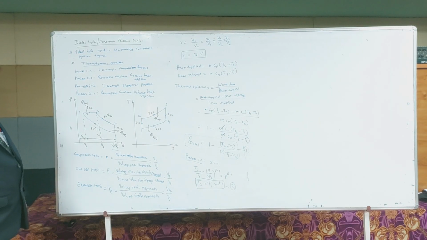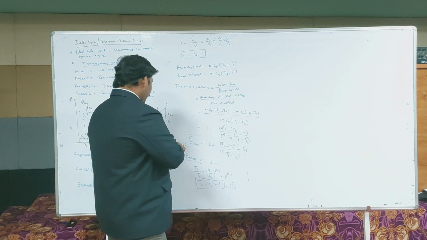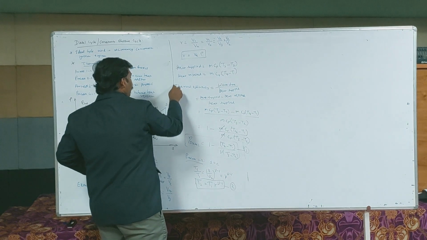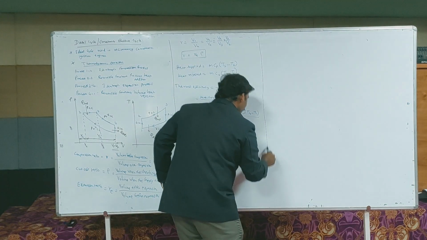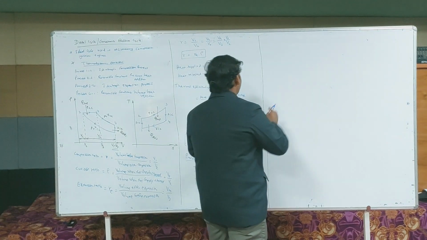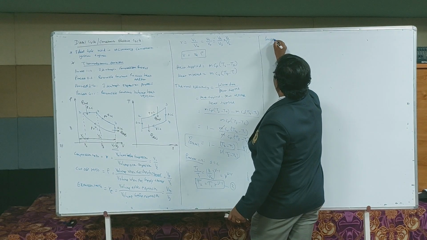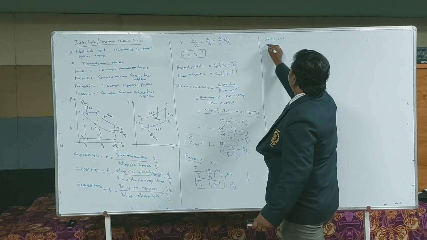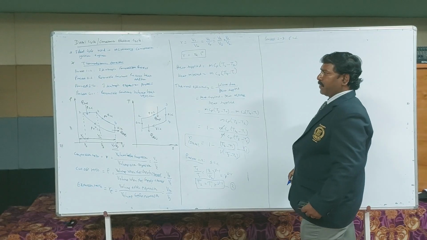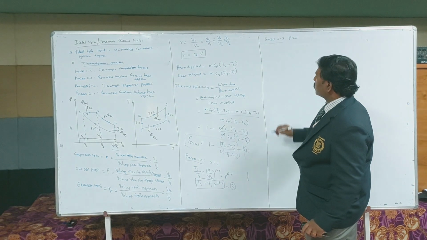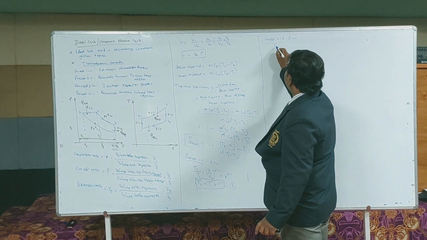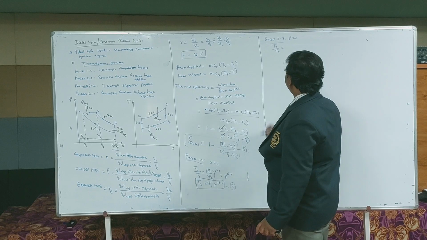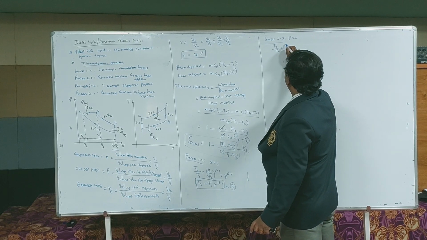Then we can write the expression for process 2 to 3. The process 2 to 3 is a constant pressure process. For a constant pressure process 2 to 3, we can write the expression T3 by T2 is equal to V3 by V2.